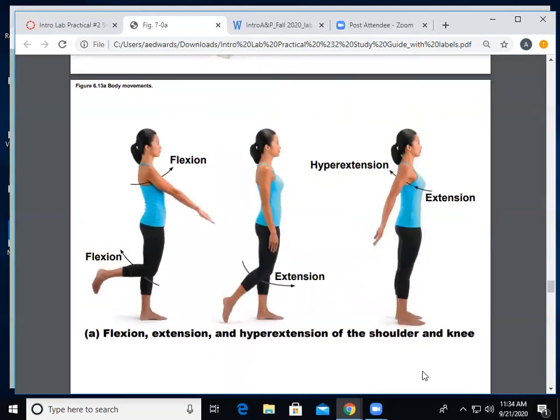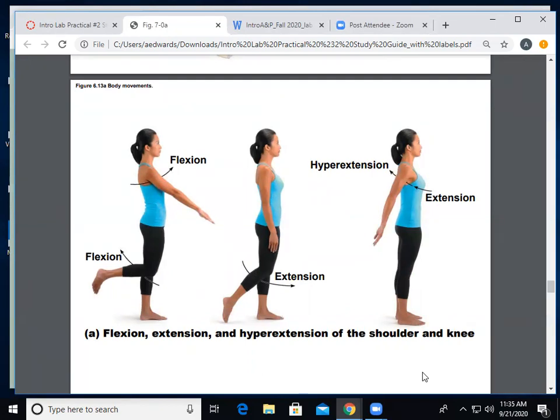All right, let's talk a little bit about movements. So they talk about that you can classify the joints in terms of their structure, which is what we just did. So let's now talk about joints in terms of their function.